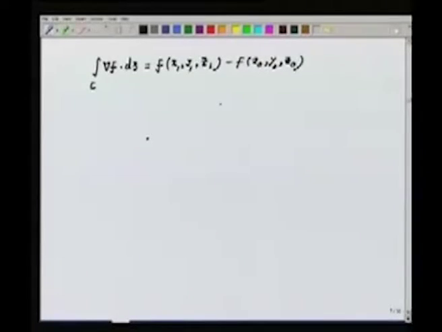That is what follows from here. If I have a point here and a point here, I can join them this way, and I can also join them this way. So this is C1, this is C2, and my capital F is some grad f.